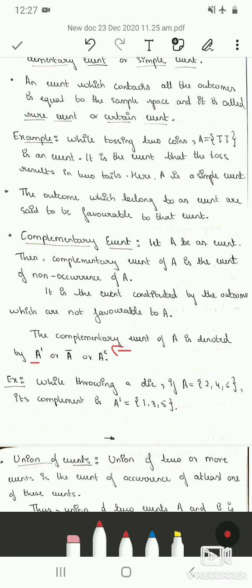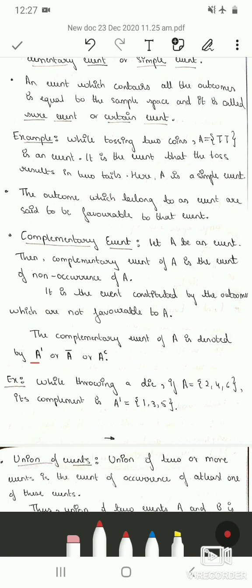Most commonly we will be using A dash, which is nothing but the complement of event A. So suppose there is an event A, then A dash means that the event A does not occur.